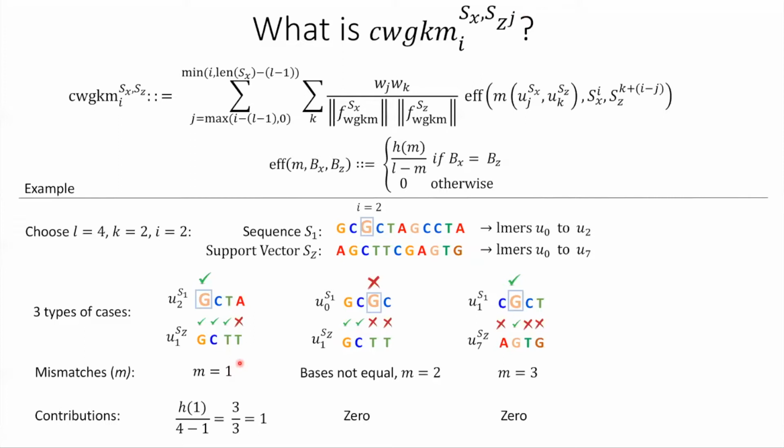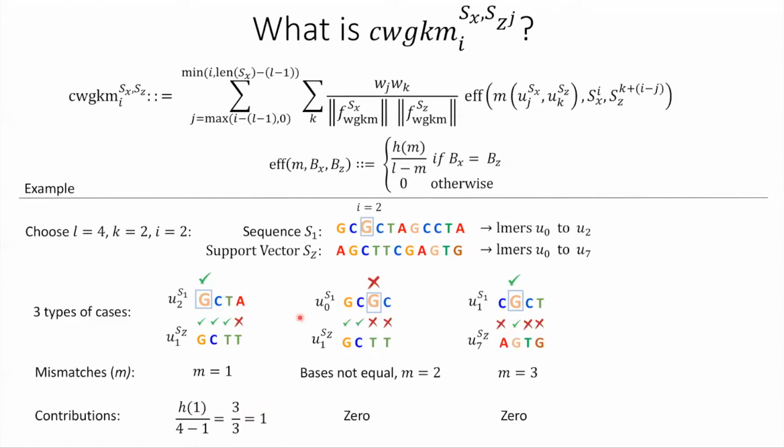So according to the original formula shown earlier, it would have generated a contribution of h(1), which is (L minus M) choose K, or 3. But the effective contribution to the position of interest is only 1/3 of that, since there are 3 matching positions in Elmer U2, corresponding to the G, C, and T. So the net attribution to the position of interest is 1, as shown here.